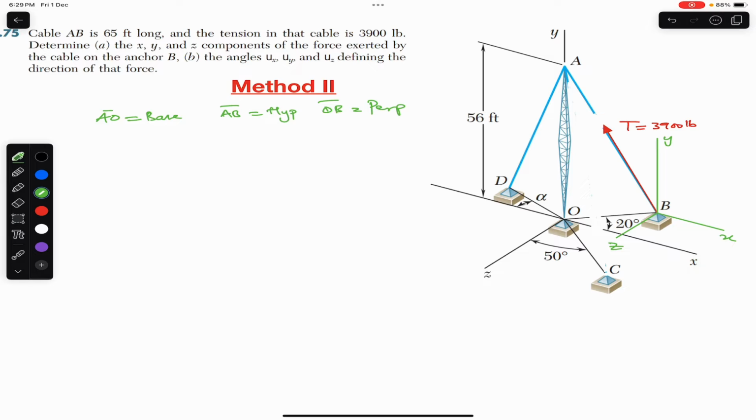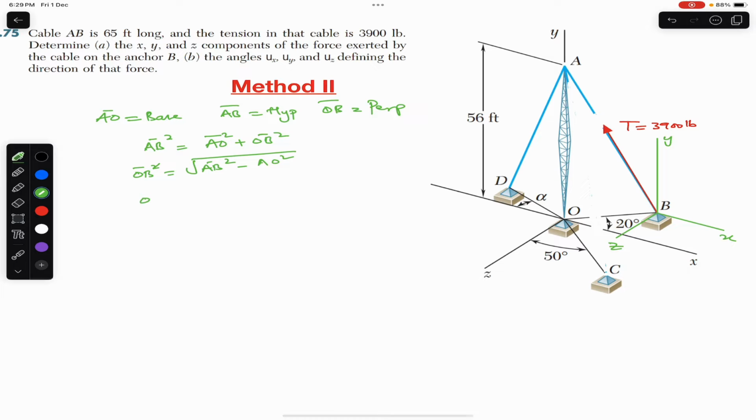So AB square is equal to AO square plus OB square, and we want to find OB. So OB square is equal to AB square minus AO square, and to find OB, we need to take the square root.